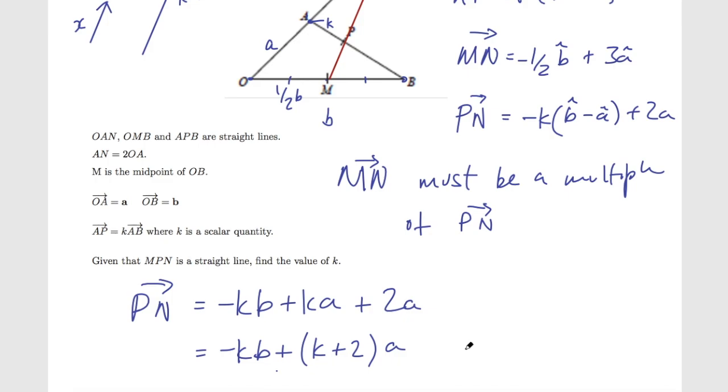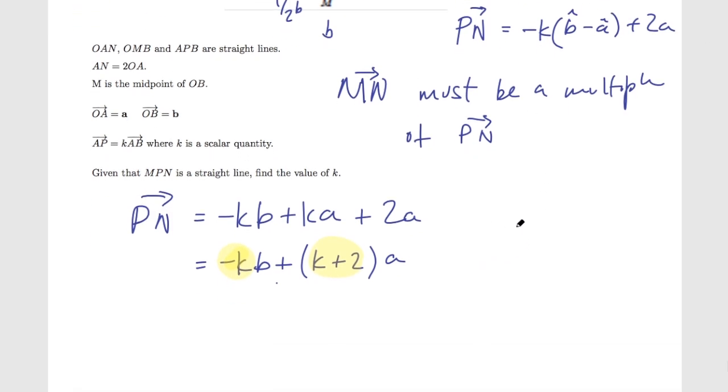Okay, so what I've done by putting PN into this form is to create a set of simultaneous equations. Because I know that MN is a multiple of PN, minus k times something must equal minus a half, and k plus 2 multiplied by something must equal 3. So let me write those equations down.